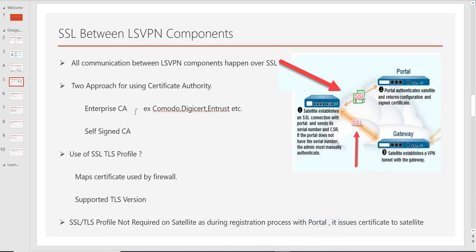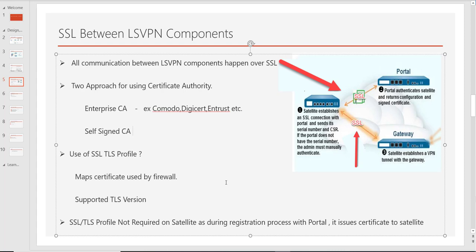Right. So to move ahead, there are two approaches we can use to set up SSL in LSVPN. The first approach is to get an enterprise CA. There are well-known CAs like Comodo, DigiCert, Entrust, and many more.